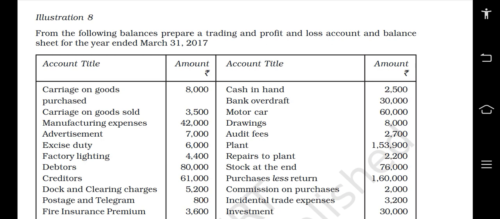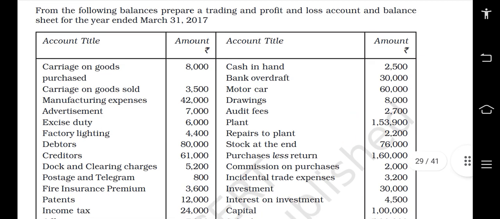In this question, so many accounts and their balances are given, and we are discussing where each and every item has to be written. First they have given carriage on goods purchased.